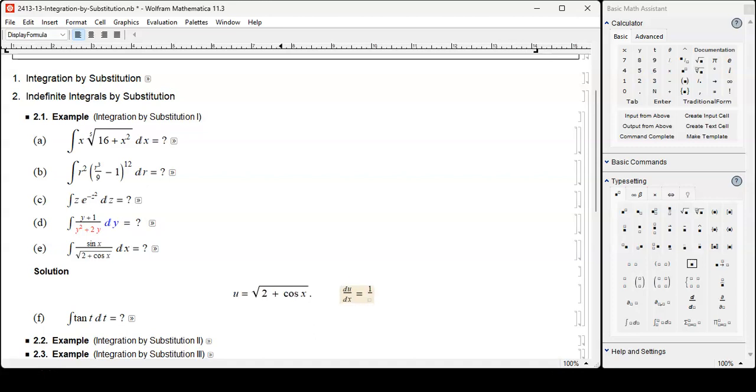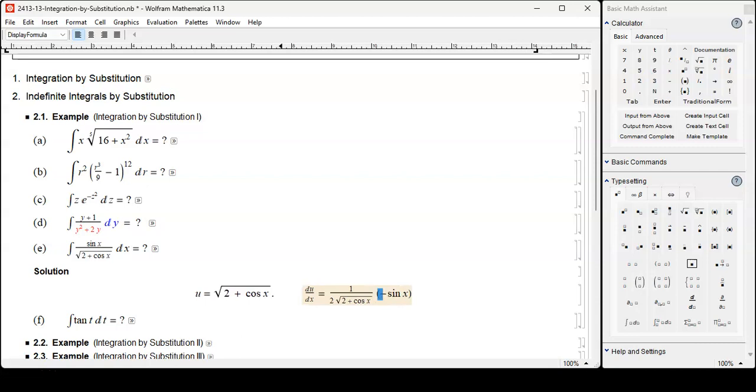By chain rule, 1/2, and the 2 plus cosine of x to the negative 1/2 power, so 1/2 square root of 2 plus cosine of x, and then negative sine of x dx, and then how are you gonna solve for dx and so on and so forth?